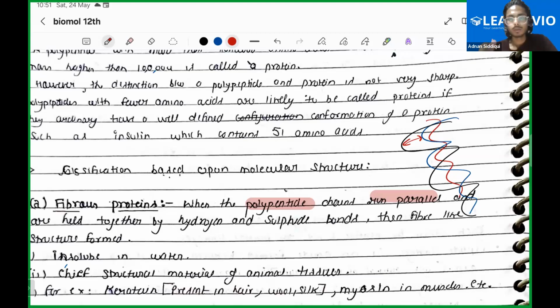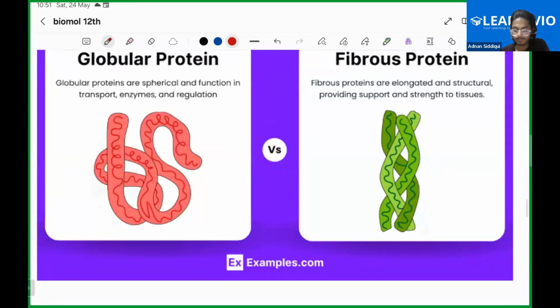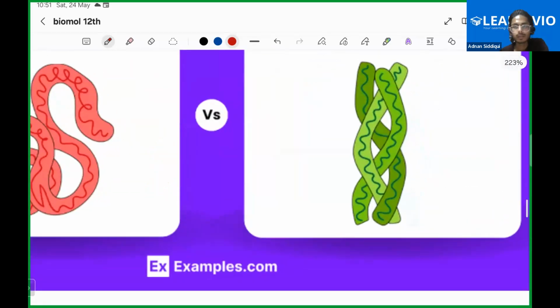They are parallel, like you have just merged them, not straight, thread-like, curving with each other. If these two polypeptide chains have hydrogen and sulfide bonding with each other and are running parallel to each other, then this will be fibrous protein and it will look like this. Is it making sense? Yes, sir.